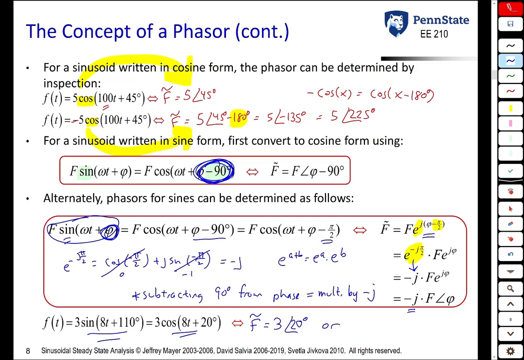Which means that 3 sine at plus 110 degrees, rather than writing it as 3 at an angle of 20 degrees, we could write it as F is minus j3 at an angle of 110 degrees.